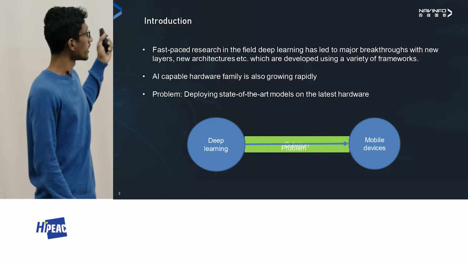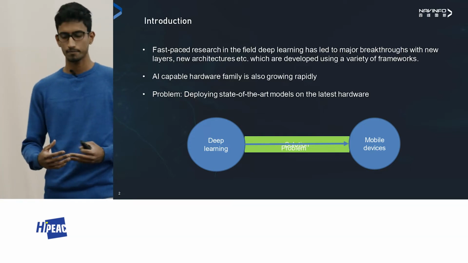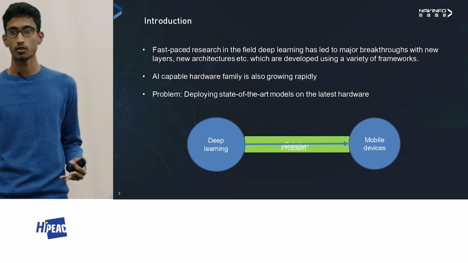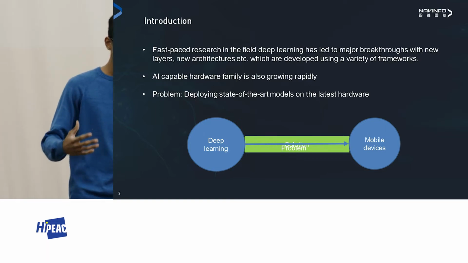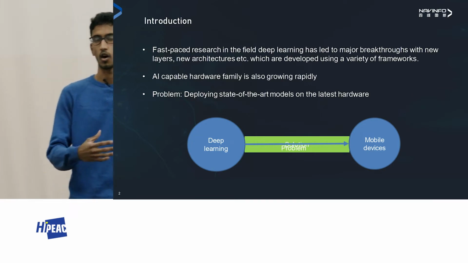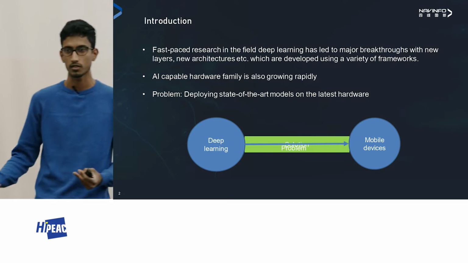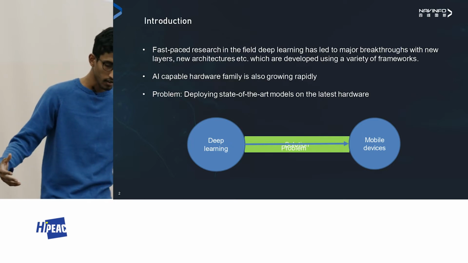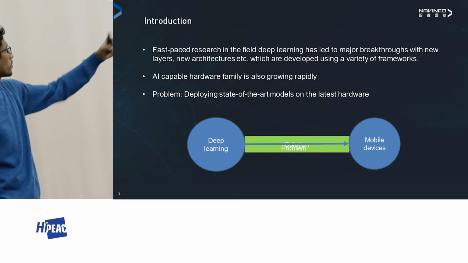Now, simultaneously, when we look at the hardware space of what can support these AI models, that space is also growing. So when I started this project about 1.5 years back, I didn't even see a few players in this market of hardware, or at least they were, of course, making it internally, but we didn't know that that's going to be available in the market later. So there are a bunch of new hardware devices that can support AI. So that bubble is also growing.